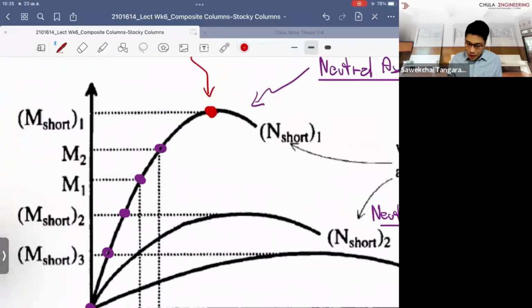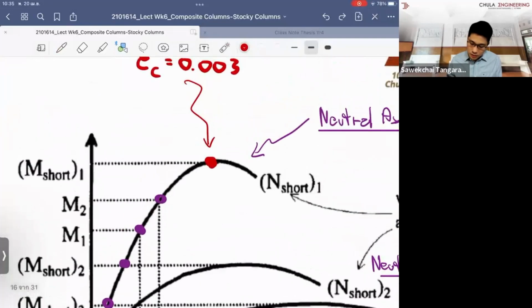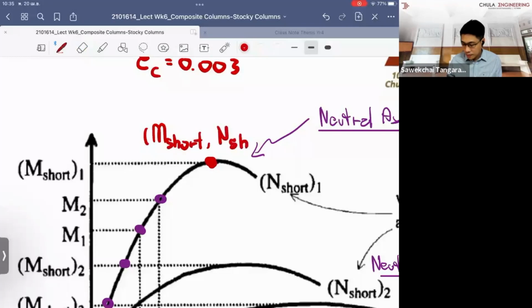In this case, we have the value of the M chart, and we have the capacity for the N chart.